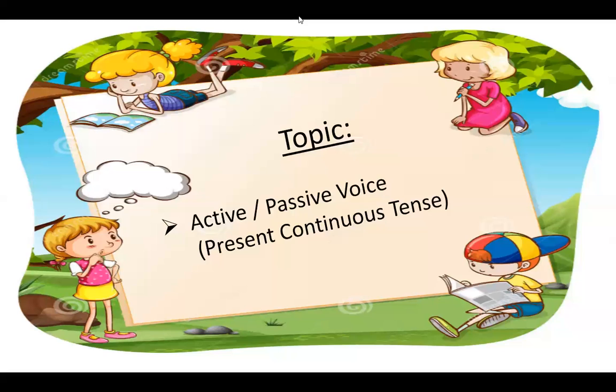Okay, can any of you tell me the helping verbs of present continuous tense? Okay, Hania Rahim has raised the hand. Yes, Hania Rahim. Is, am, are. Excellent, Hania Rahim. Very nice. Is, am, and are are the helping verbs of present continuous tense.